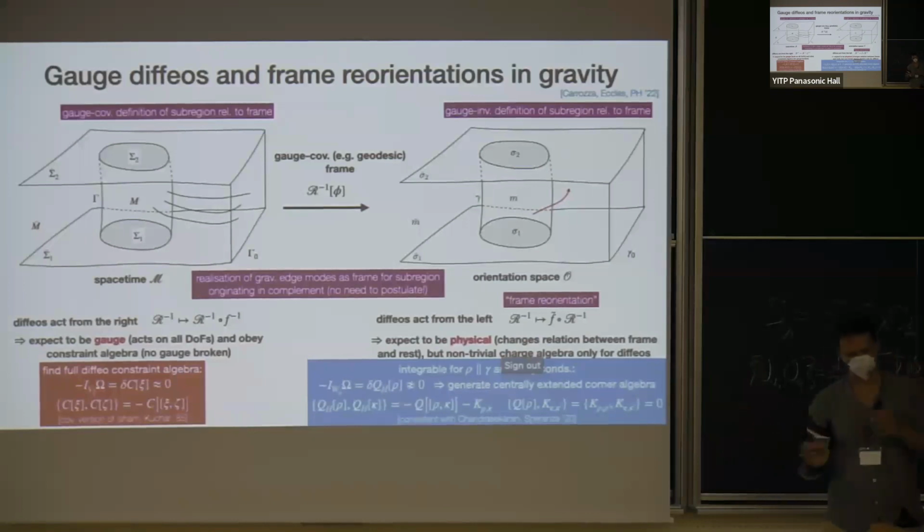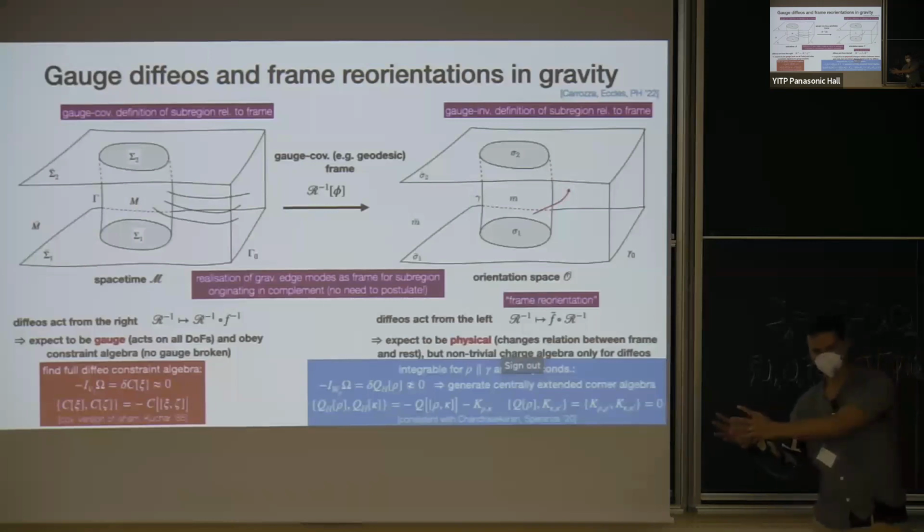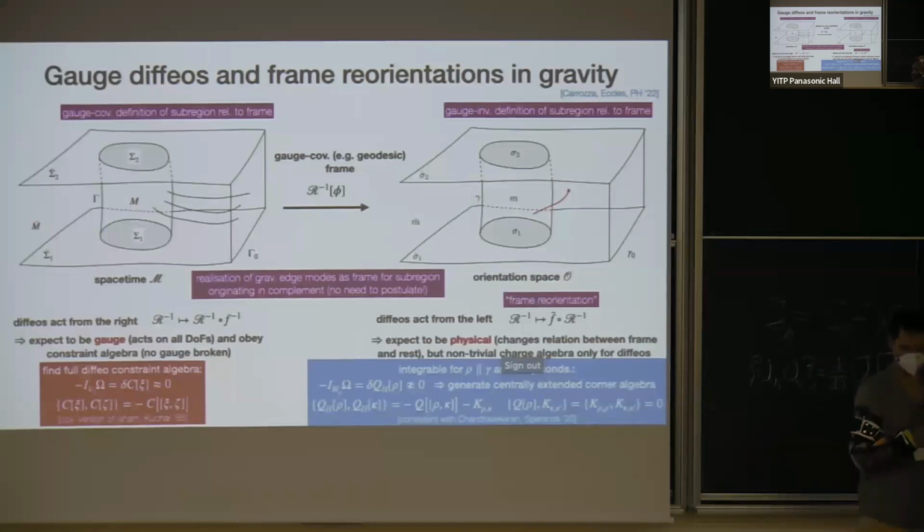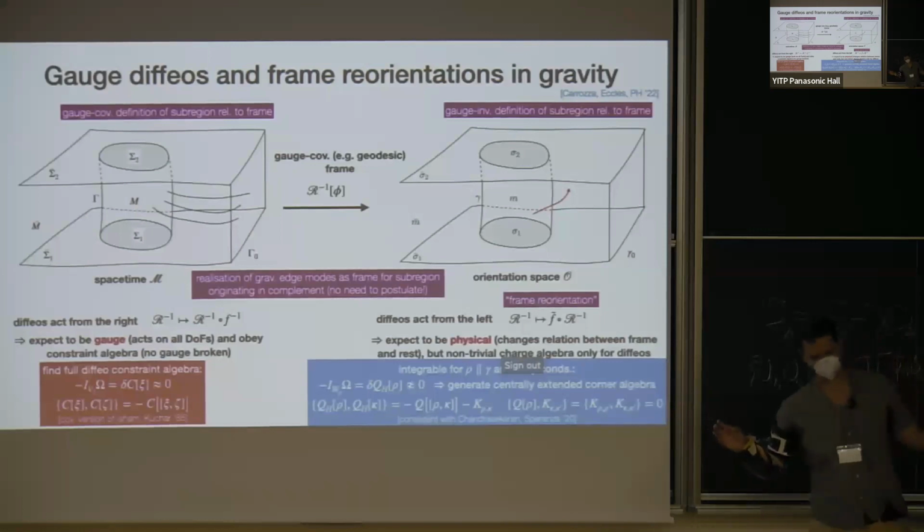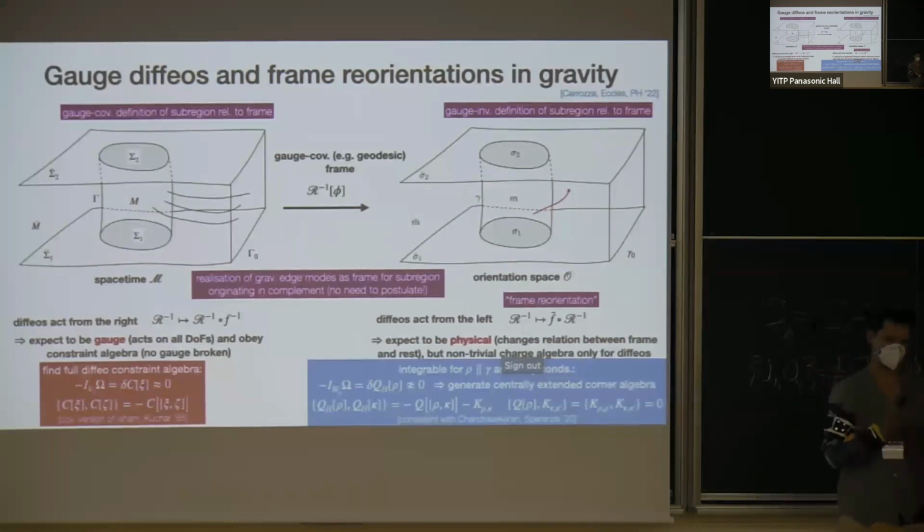The reason is that the non-locality ensures it has support in the causal complement of the subregion you're interested in. That gives you enough wiggle room to change the initial data outside, in the causal complement, in such a way that you change the configuration of the frame without changing the initial data of the degrees of freedom inside your subregion. You need that in order to treat the frame as a completely new, dynamically independent degree of freedom on the boundary of your finite subregion.